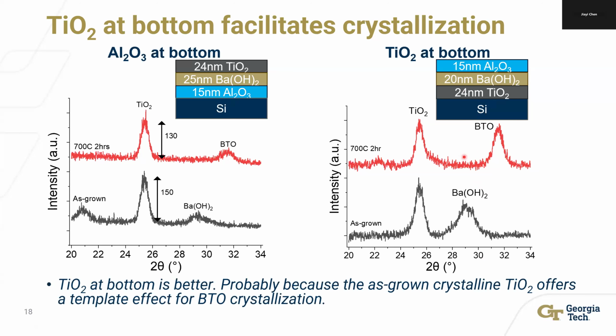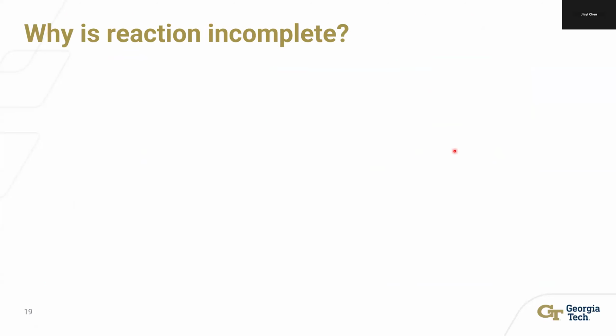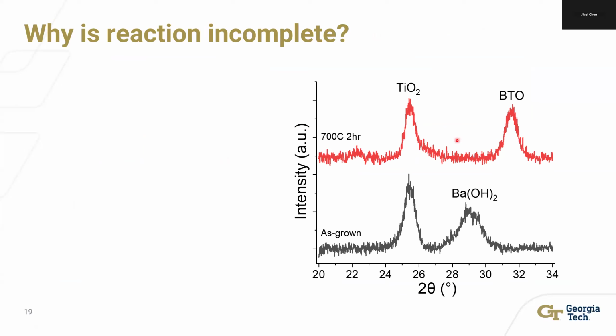So we conclude that TiO2 at the bottom is better, probably because the as-grown TiO2 is crystalline, and it offers a template effect for barium titanate crystallization. But if we look at this XRD, we find that there is still a huge TiO2 peak remaining after annealing. So it seems like the reaction is incomplete.